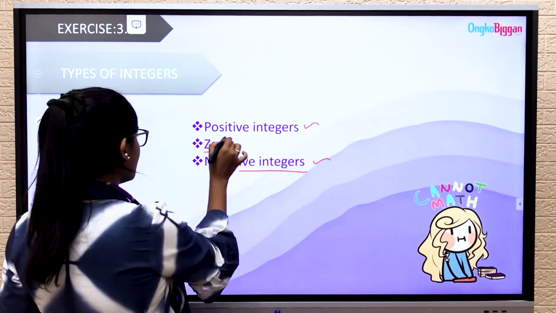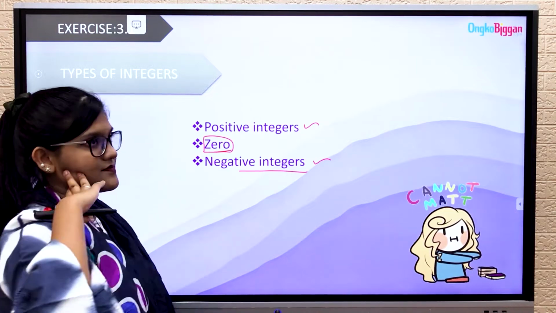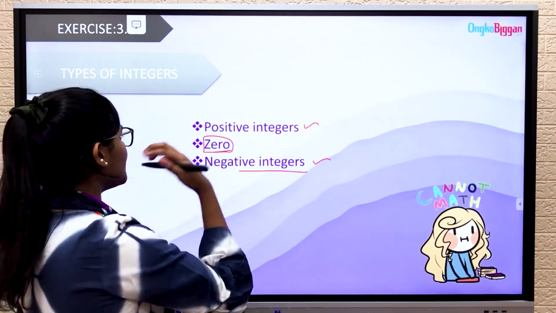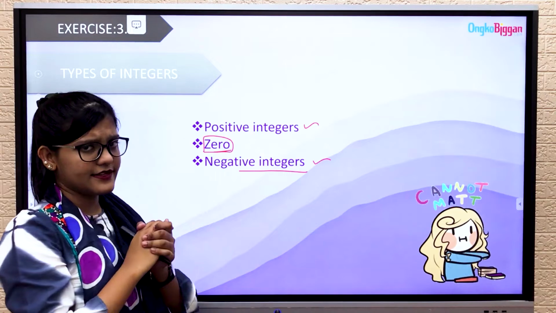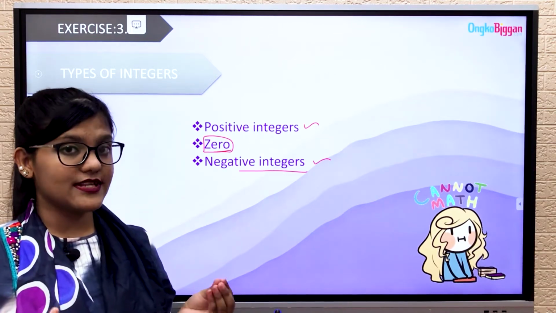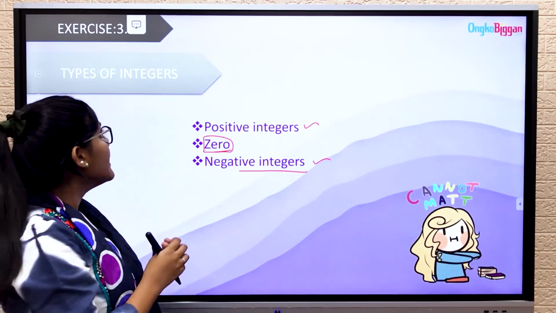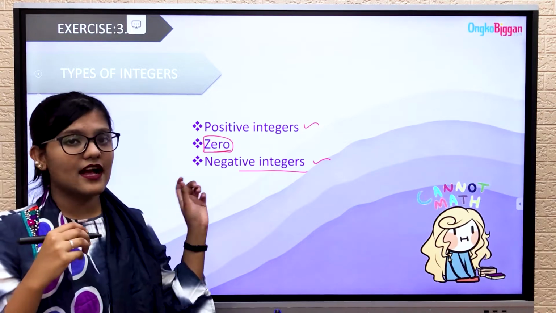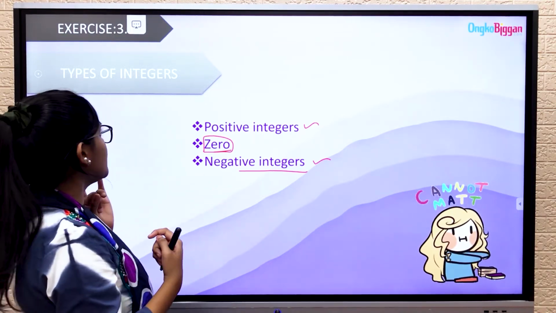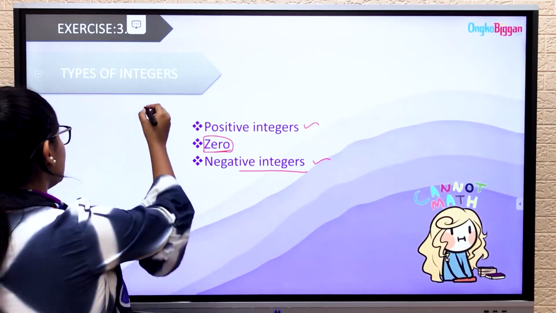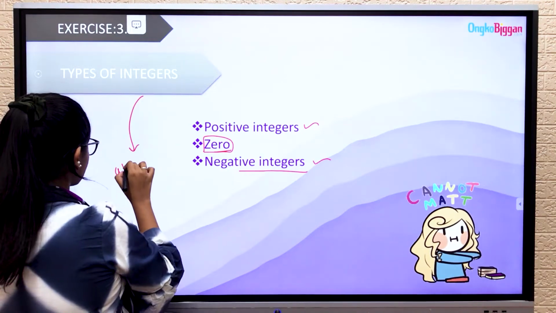Here 0 is neither a positive integer nor a negative integer. It's a different number but considered a whole number, and since it's a whole number, it falls in the category of integers. So basically all whole numbers are integers.